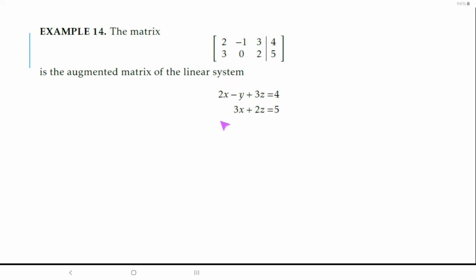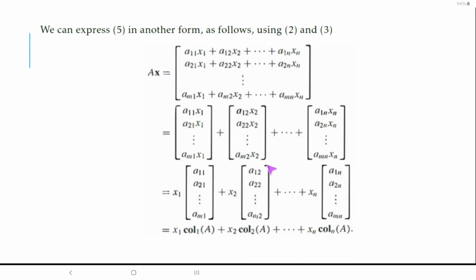Tandaan nyo, sa previous lessons natin, ang matrices usually ay A, B, at saka C. So, we tend to avoid that. Okay, pero variables lang naman yan, depende rin sa pagde-define nyo. Okay, so the following augmented matrix is equal to the following linear system. So now we have AX to be equal to the following.